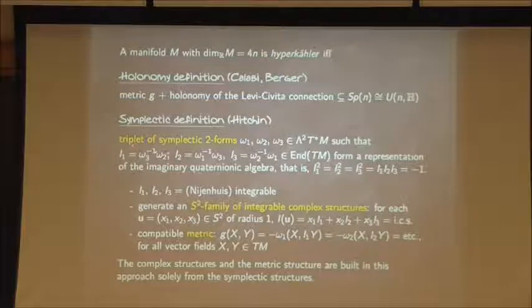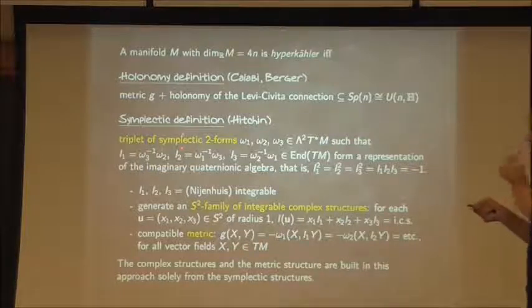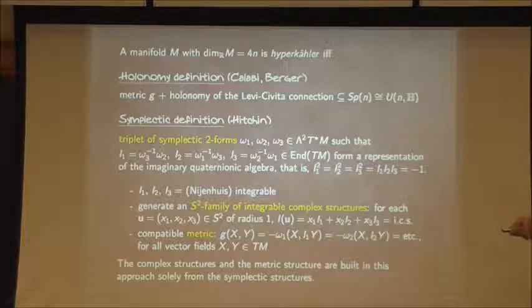From these symplectic 2-forms, you can also construct a compatible Hyperkähler metric by this formula. So in Hitchin's definition, the symplectic forms are front and center, and every other structure, such as the complex structures and the metric, can be constructed from them. I gave an example.